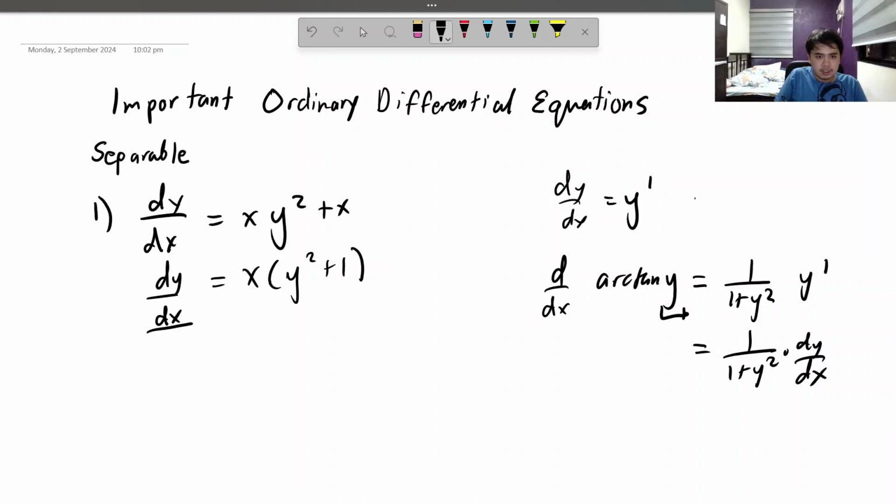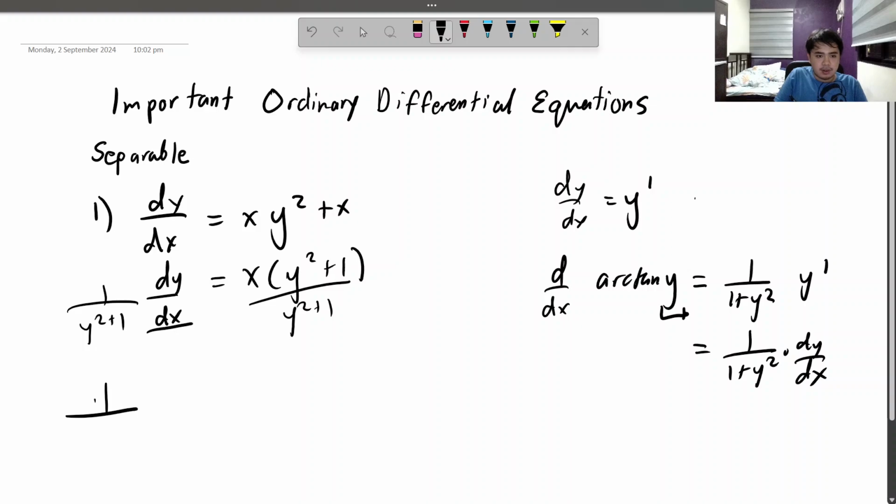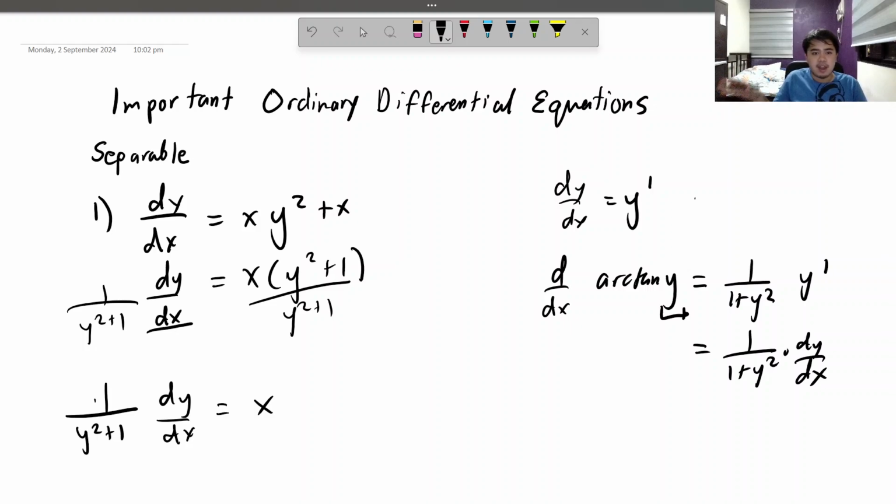So let's try dividing both sides by y squared plus 1. We get 1 over y squared plus 1 times dy over dx equals x. So now on one side we have y exclusively, on the other side we have x exclusively. We have separated them.